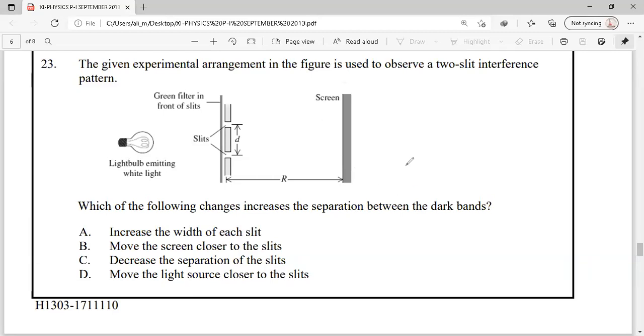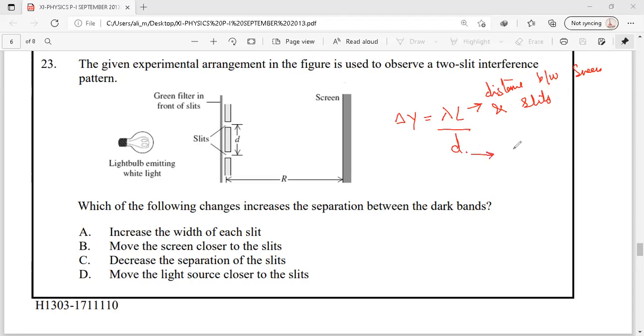The formula for the distance between two consecutive bright fringes or dark fringes in Young's double slit experiment is Δy equals λL over D, where L is the distance between the screen and slits, represented by R in this case, while D is the distance between the two slits.